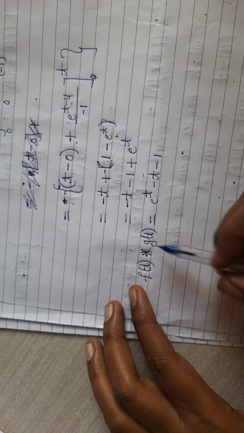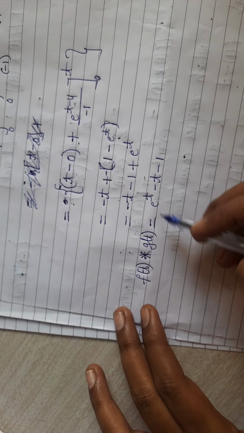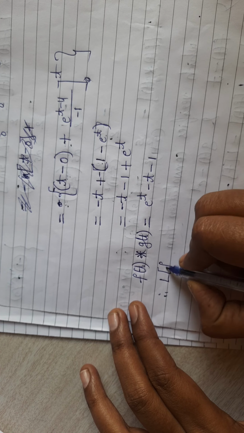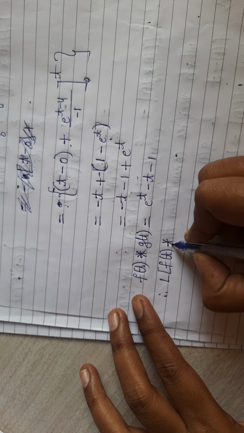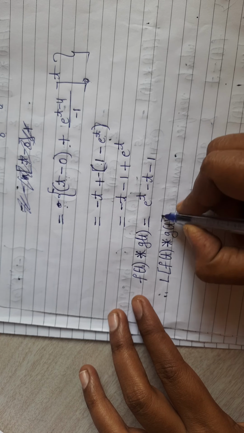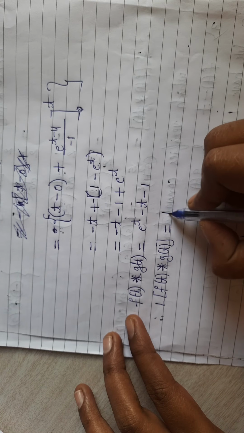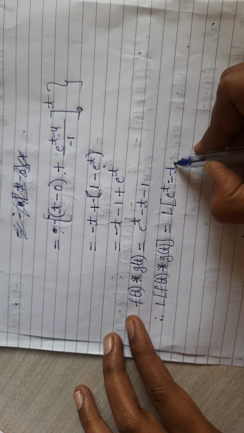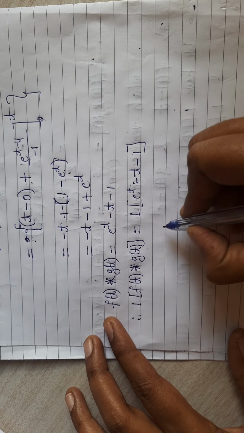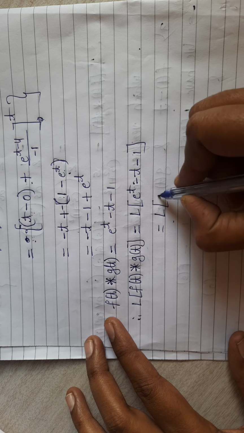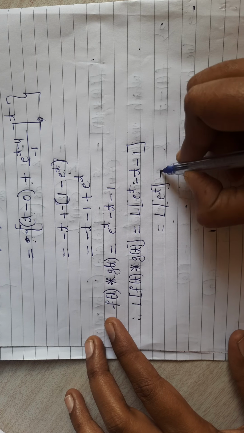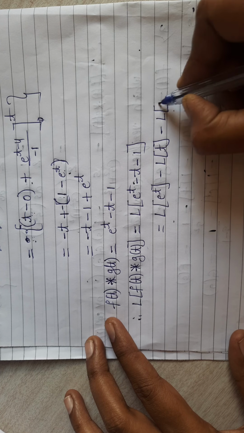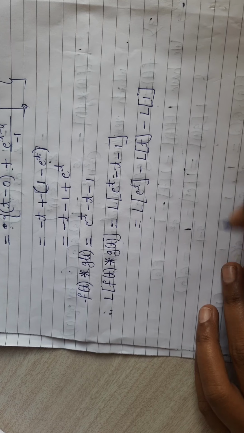Now we have to apply the operator L on both sides. So you write, therefore, L of f of t star g of t is equal to L of e to the power t minus t minus 1, or you can write directly L of e to the power t minus L of t minus L of 1 by using the linearity property.